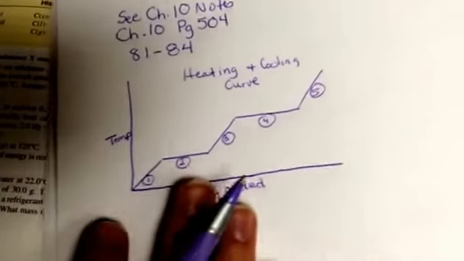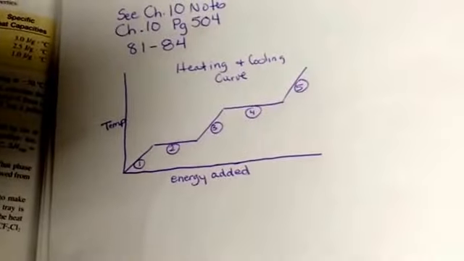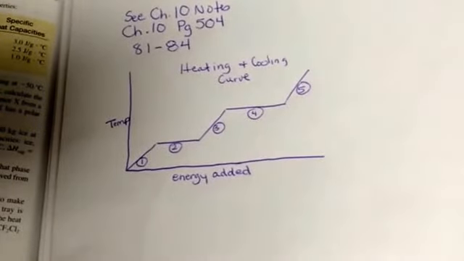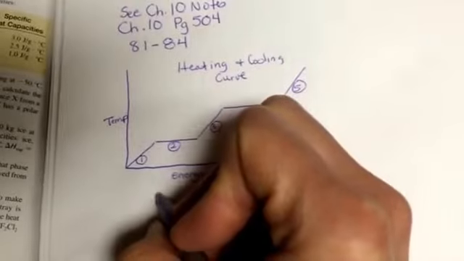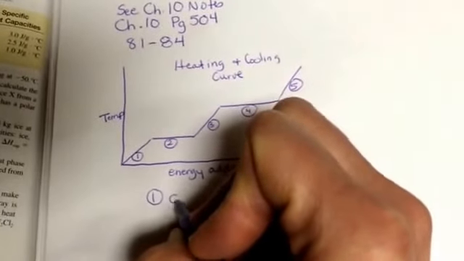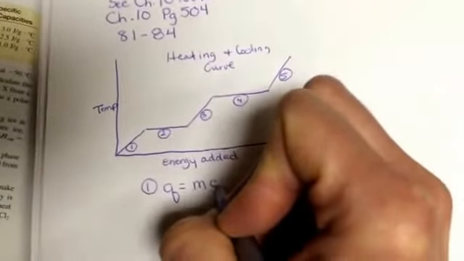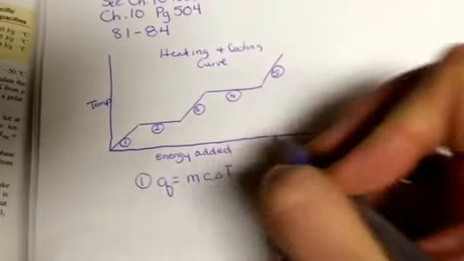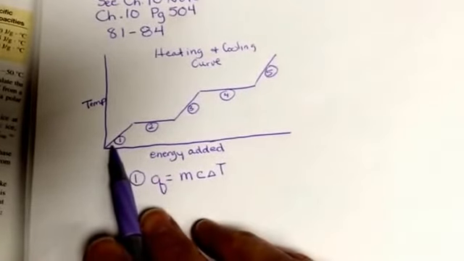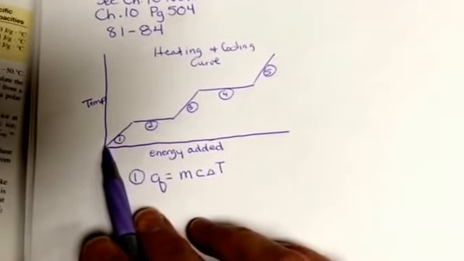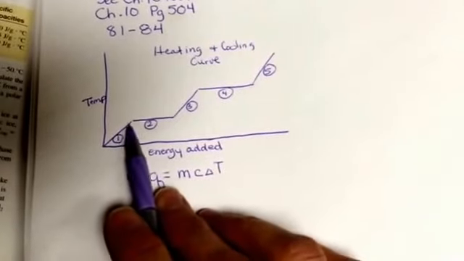Okay, so we know how to calculate Q, or heat, when there's a temperature change, or at least I hope we do. In phase 1 on the diagram, you can calculate heat by using the equation Q = mcΔT. The reason we can use this equation is because there is a temperature change from the beginning to the end.